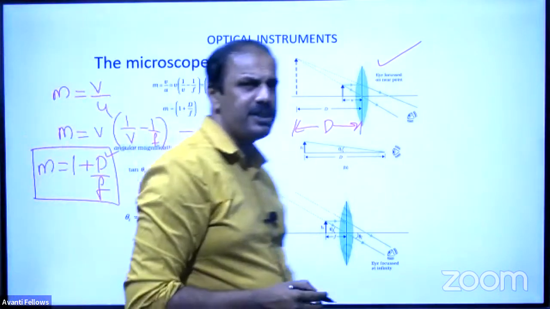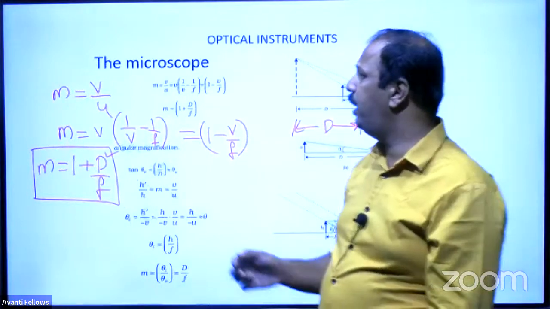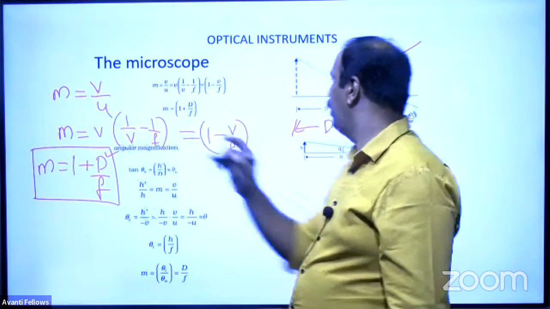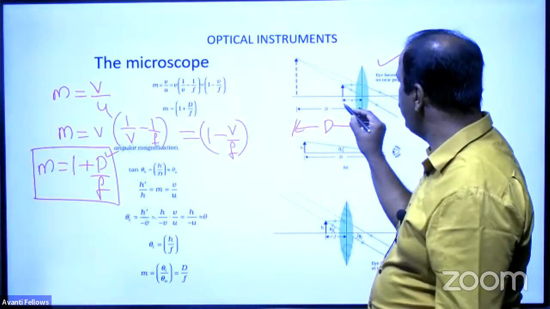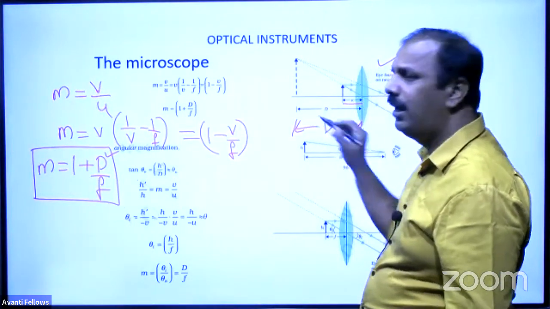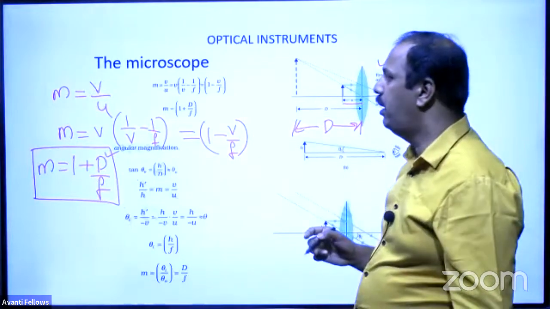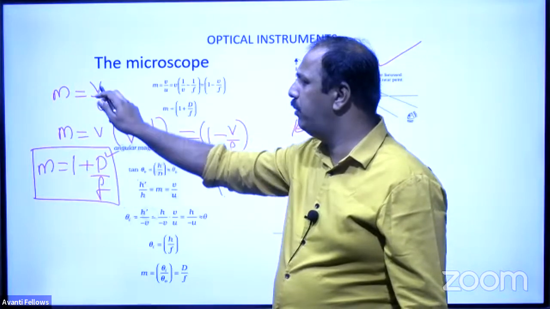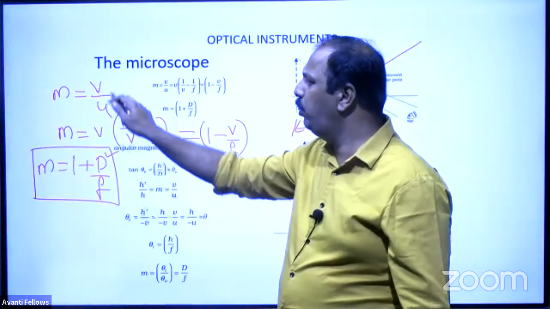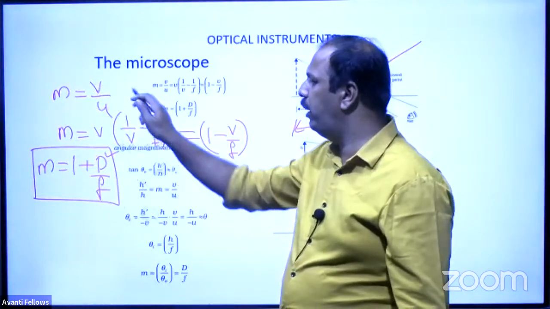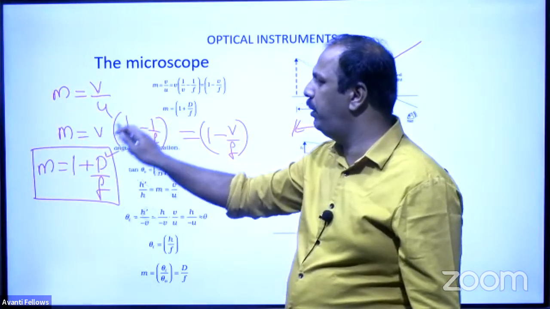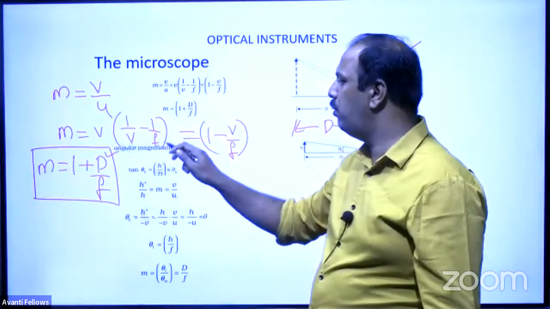Once more, we will discuss how it is, if it is not clear. The magnification is given by V by U. In this one, you see here, U is this one and V is D, or the near point. So magnification is V by U, or V into 1 by U. What is 1 by U? 1 by U is 1 by V minus 1 by F. So magnification is equal to V into (1 by V minus 1 by F).